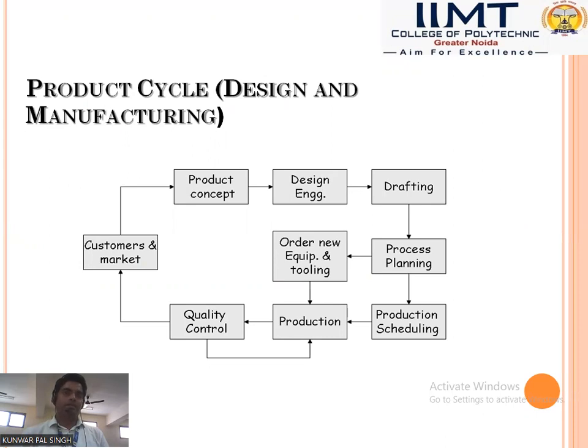Product cycle: the product cycle means, from the very first phase, the design phase, through to the end customer, how the product reaches them. It is called the product cycle.